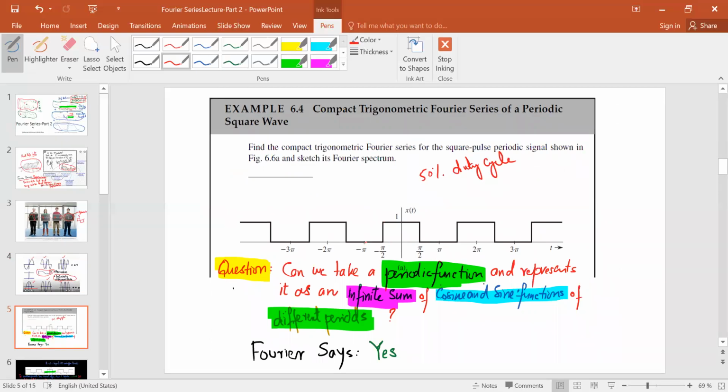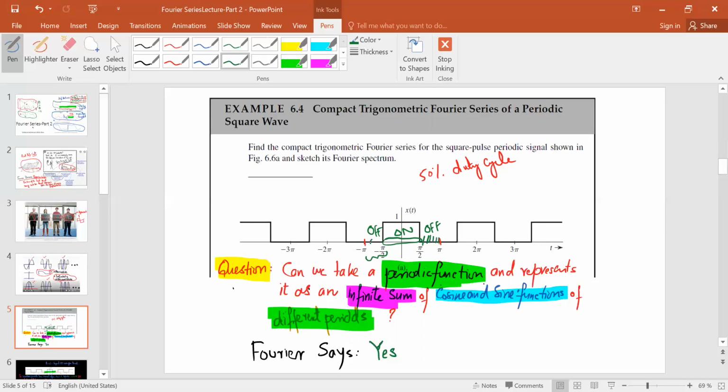Duty cycle means that in one particular period, how much time it was on versus how much time it was off. So you can see very clearly here that from minus pi to plus pi, from this time till this time, it is off. Then it is on for this particular time, from here till here. And then it is off from here till here.